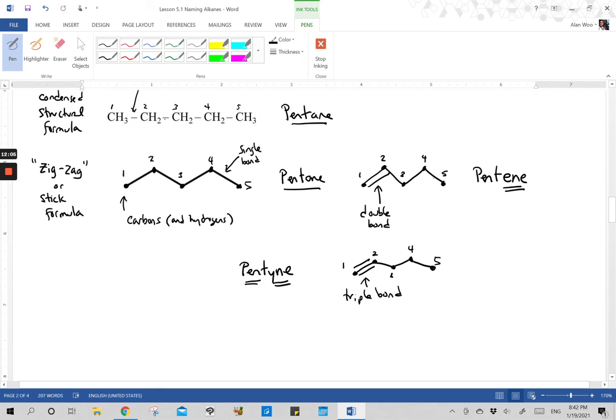You can show everything that I have here with your condensed structural formulas as well as your expanded formulas. The main take-home message is you need to count the number of carbons that are consecutively bonded together to find the parent chain. That will give you the prefix.